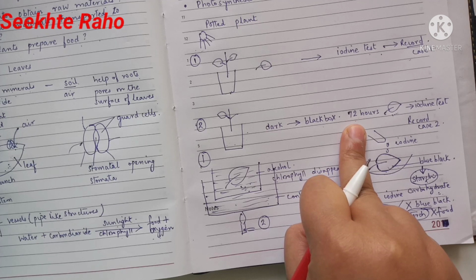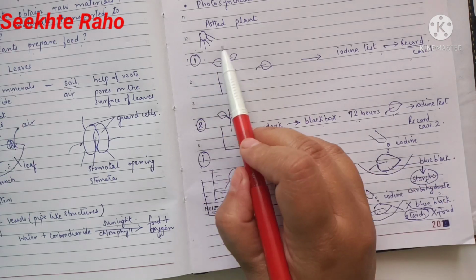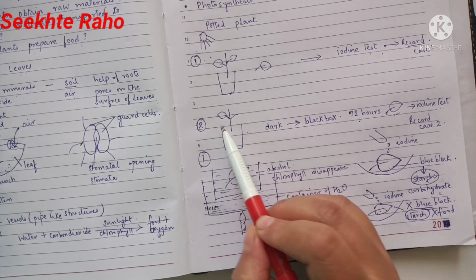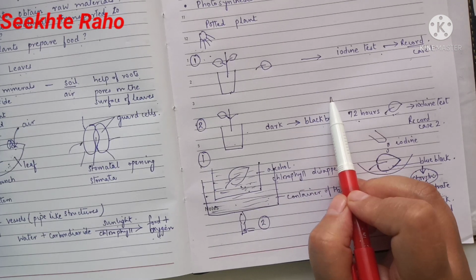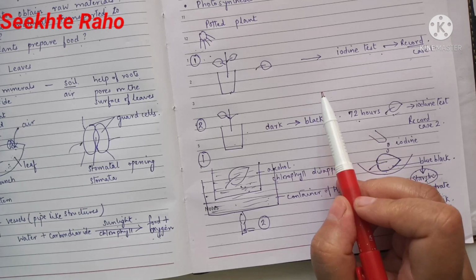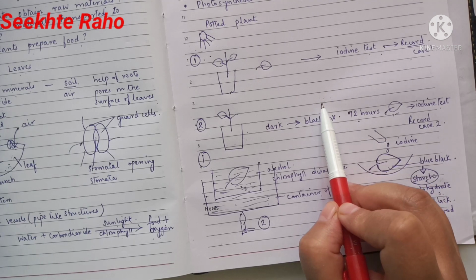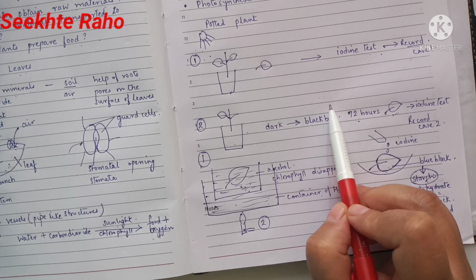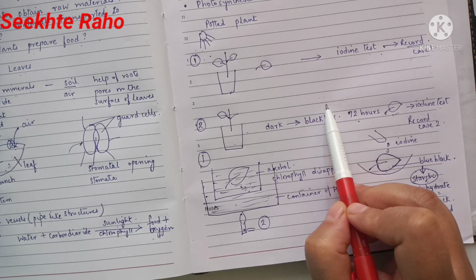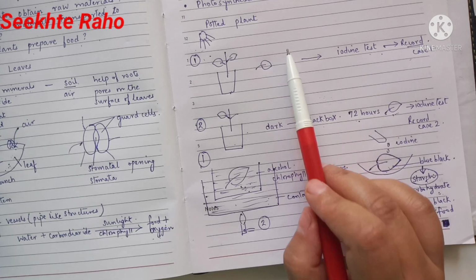This proves that photosynthesis takes place only when there is sunlight. It will not take place if there is no sunlight. That means photosynthesis takes place in the presence of sunlight, and food is formed only when photosynthesis takes place. So food is formed only when there is light.